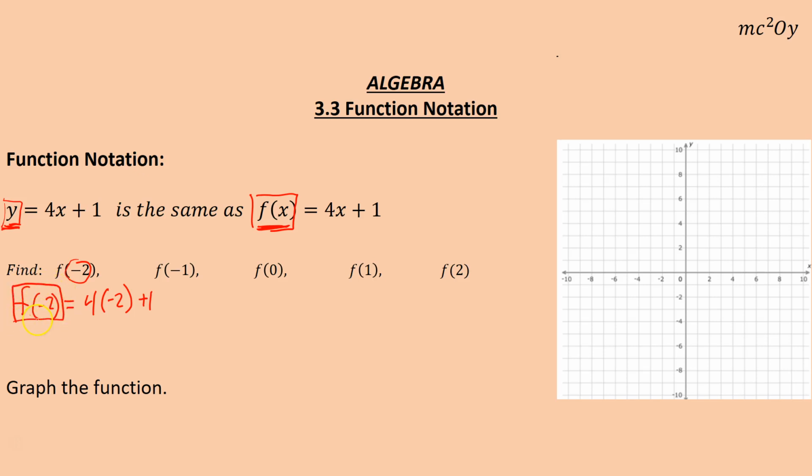So really this is saying when I plug or substitute negative 2 in for x, I get 4 times negative 2 plus 1.